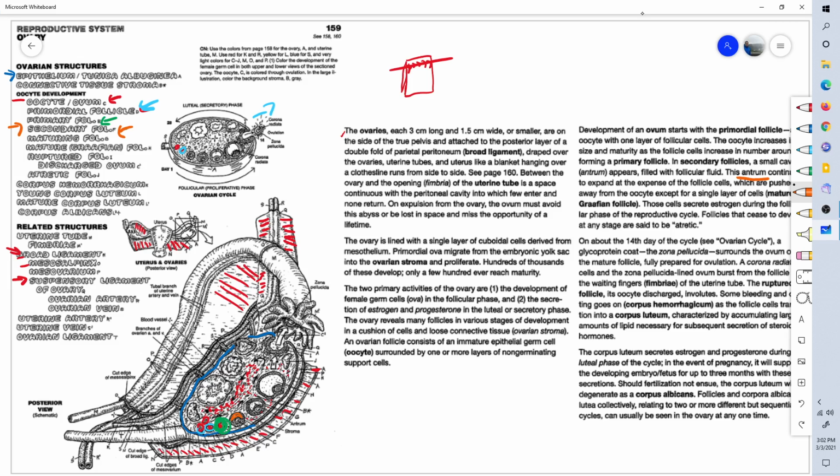But what it leaves behind, and here it is growing in the next phase. Here's the antrum. As the follicle becomes a more mature follicle, here's the antrum, the space. And note that there are follicular cells now surrounding the outside, but also surrounding the ovum right there.